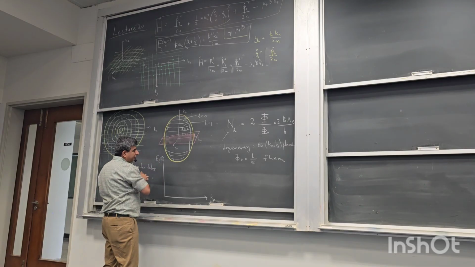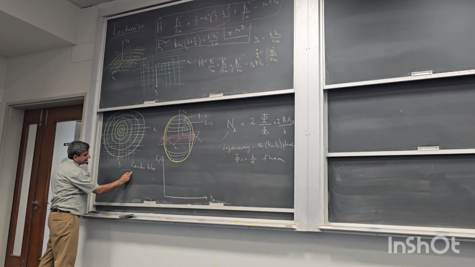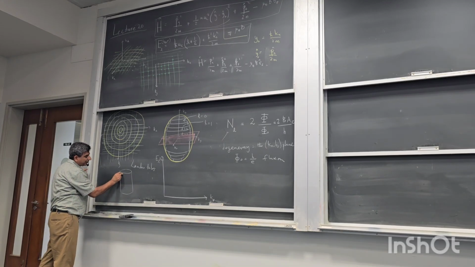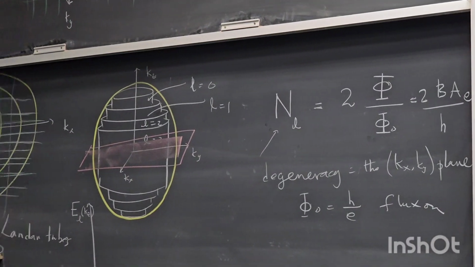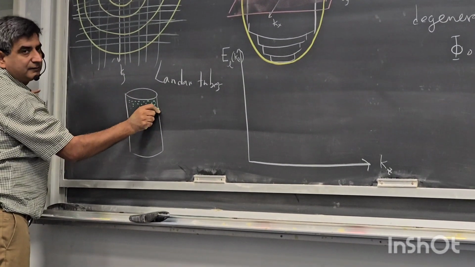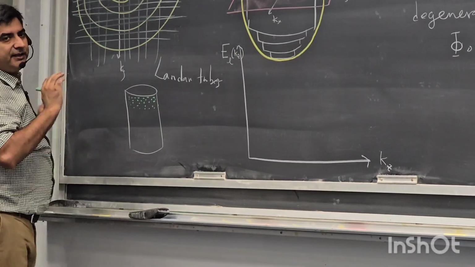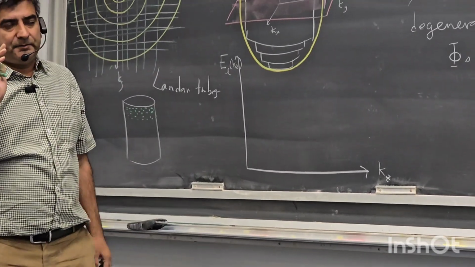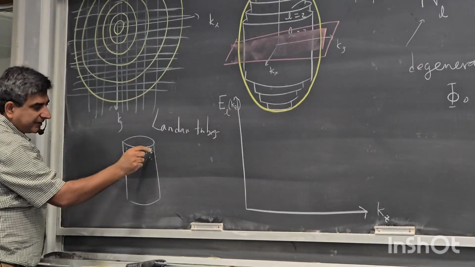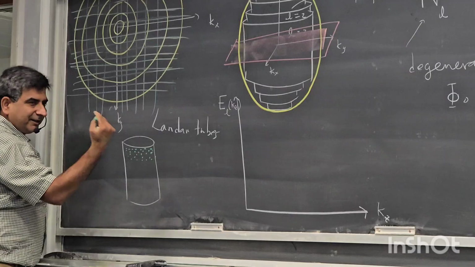So if I were to draw a picture of just one Landau tube here, it has a large number of points. And in fact, because of the degeneracy along the kx ky direction, I can't really draw the discrete points along the azimuthal direction.